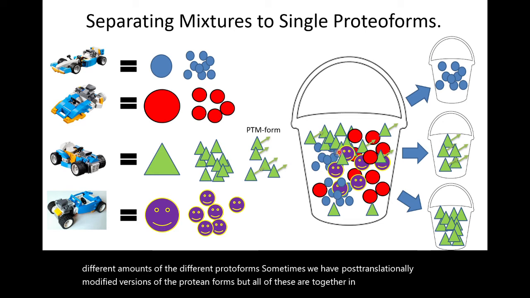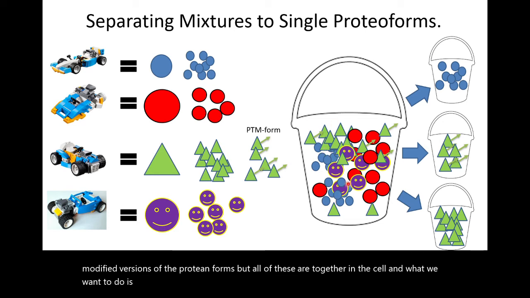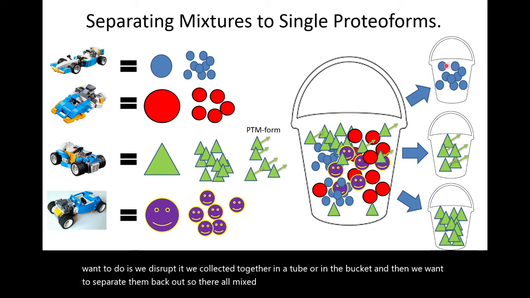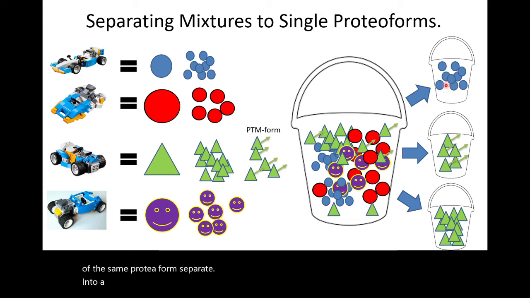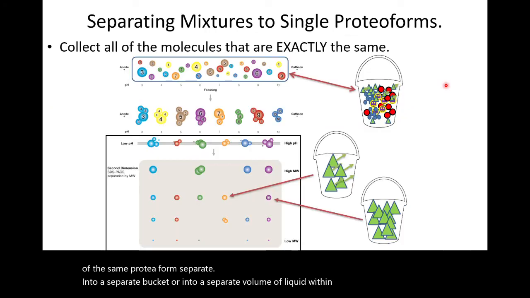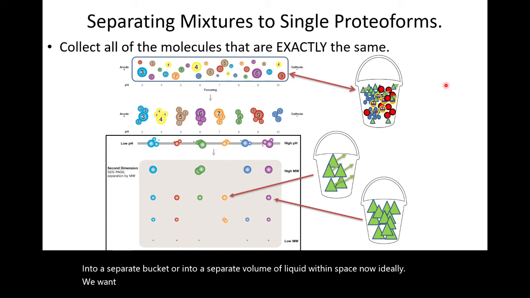And what we want to do is we disrupt it, we collect it together in a tube or in a bucket, and then we want to separate them back out. So they're all mixed together. We want to get all of the molecules of the same proteoform separate, into a separate bucket or into a separate volume of liquid within space. Now, ideally, we want to be able to resolve these to single proteoforms.